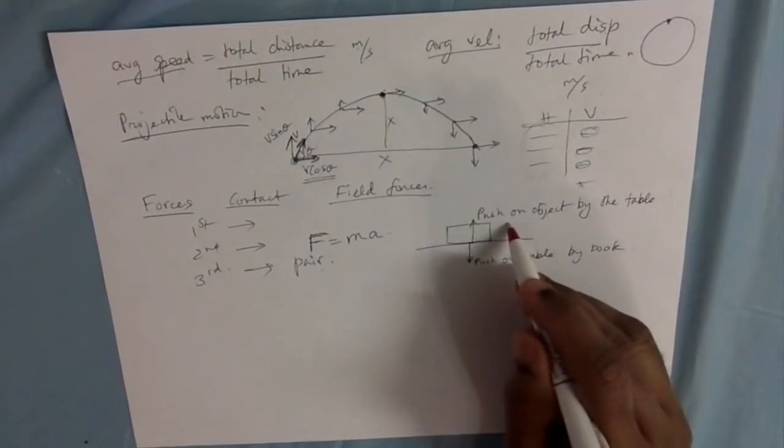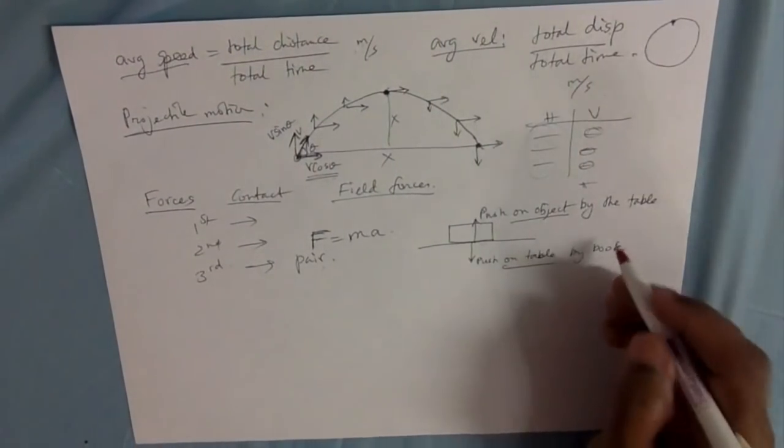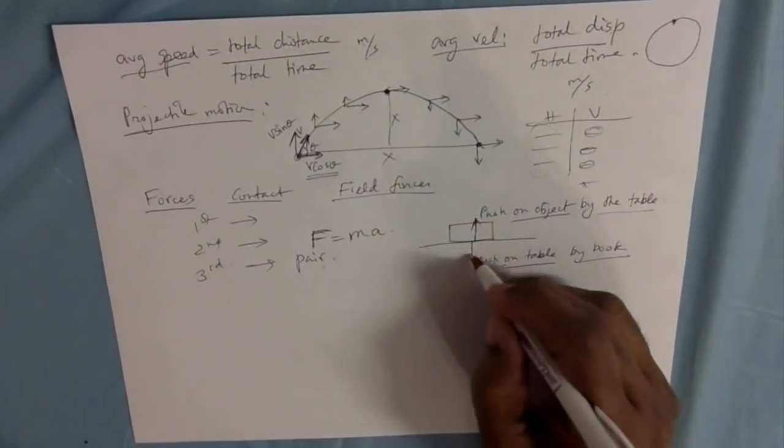So you can see in one case it is acting on the object and in the other case it is acting on the table. This is by the table and this is by the book. So these are the action-reaction pairs.